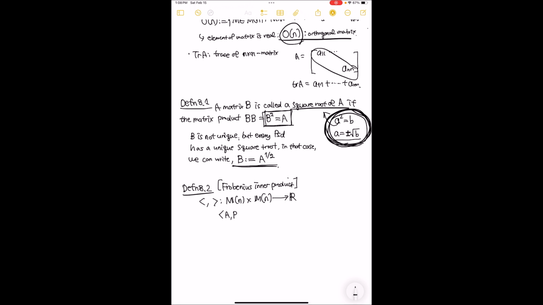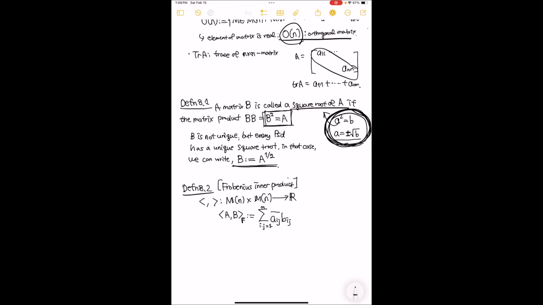If we take two matrices A and B, the Frobenius inner product is defined like this.